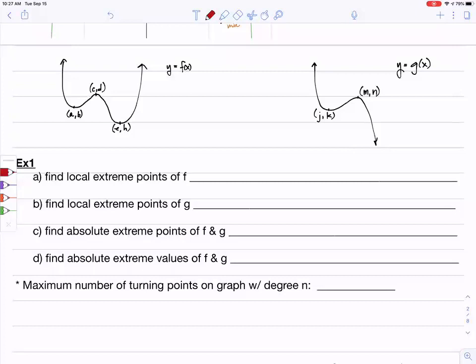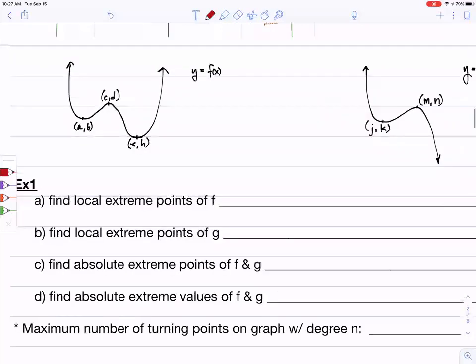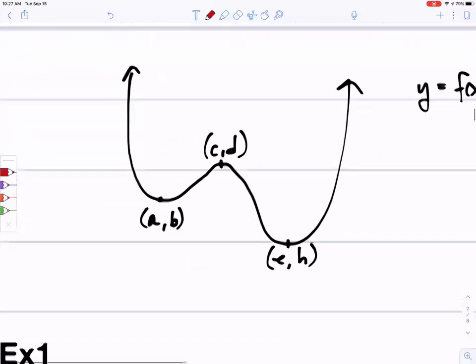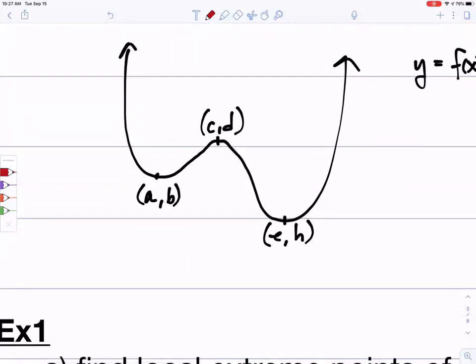Okay, so what's the difference between absolute and local? Absolute is the entire thing. Local is at a certain area. Okay, so let's take a look then. Local is what local means in our English language, like your own little neighborhood. So like here, locally, is that guy the lowest value? Yeah.